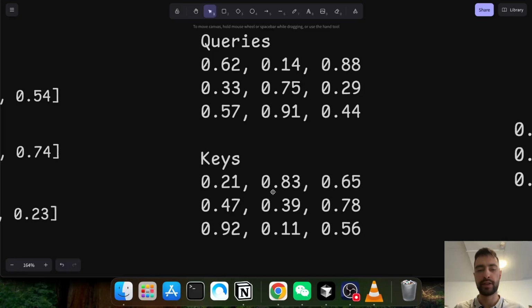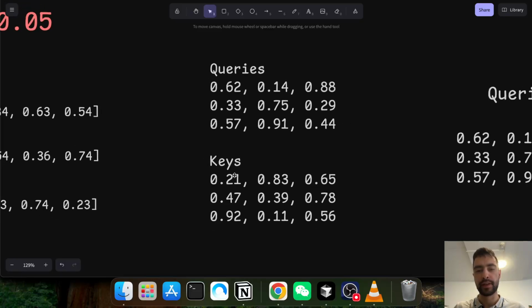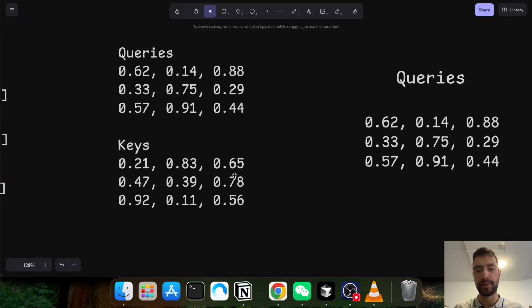It wouldn't work because we need to multiply each query with each key. If you know matrix multiplication, you know that if you multiply them like this, it would multiply each query with the vector that's the first number of each key, which is not what we want. If you don't get it, it's okay, I will explain.